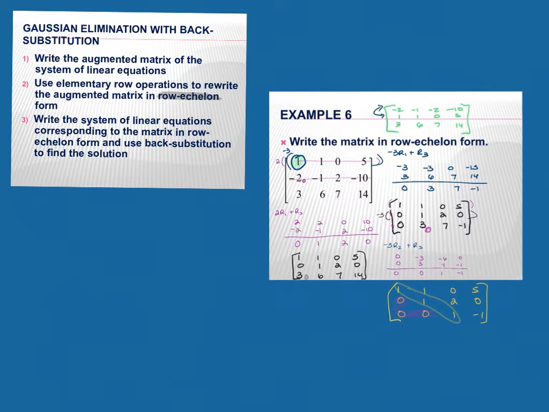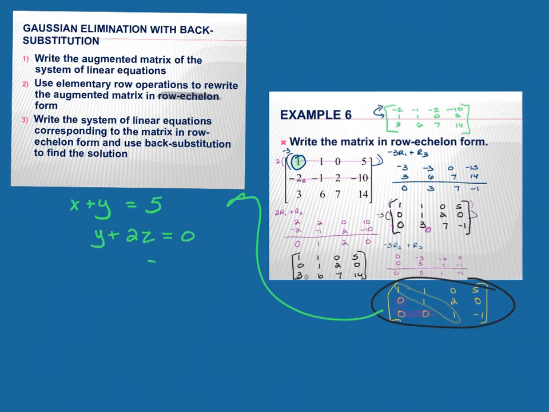So this was example 6, right? We got it into row echelon form. So if I take my row echelon form and I rewrite it as equations, it's going to be X plus Y, there's actually no Z, equals 5. Then it's Y plus 2Z equals 0. Then it's Z equals -1. So normally there's a Z there, and this looks like your triangle system.